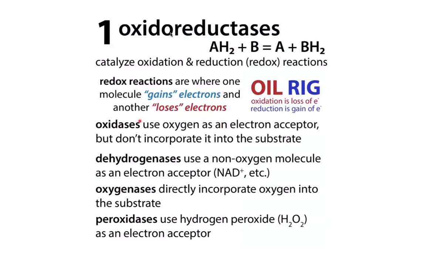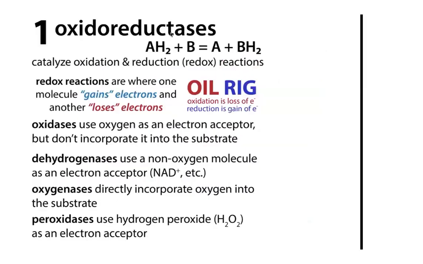And so we'll typically see words like oxidases, dehydrogenases, oxygenases, or peroxidases. You don't need to worry about how we differentiate between an oxidase and a dehydrogenase or anything like that at this point. This is just to point out some of the names that you'll see associated with the oxidoreductases. For now, what I care about is that you're able to recognize when oxidation and reduction are occurring.